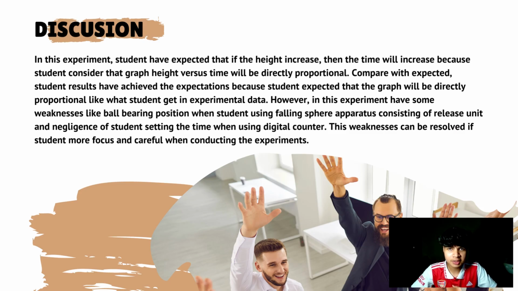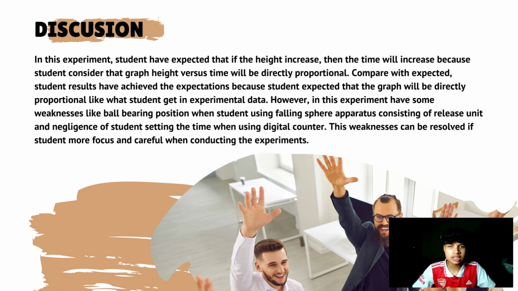For the discussion of this experiment, students expected that if the height increased, then the time would increase too, because students considered the graph of height versus time to be directly proportional. Compared with what was expected, the student results have achieved the expectation, because students expected the graph to be directly proportional, like what students got in the experimental data.